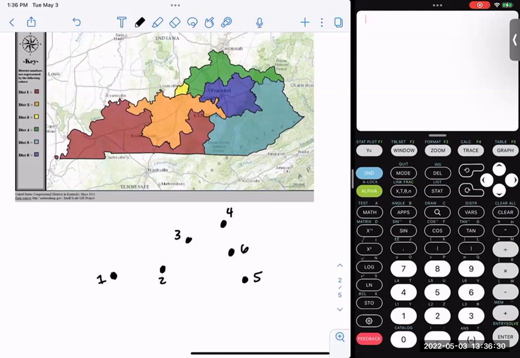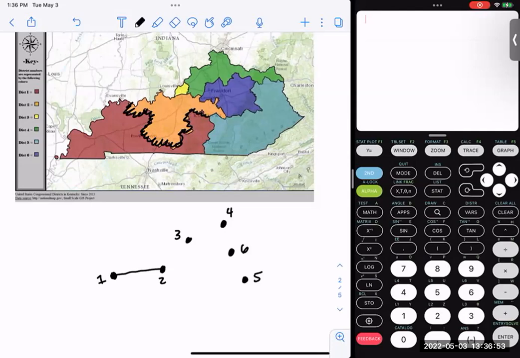So like maybe District 1. I'm noticing that District 1 does border District 2, right? Like this border between the red and the orange districts. So I would draw an edge then from District 1 to District 2. And then the red district, District 1, also borders the blue district, which is District 5.